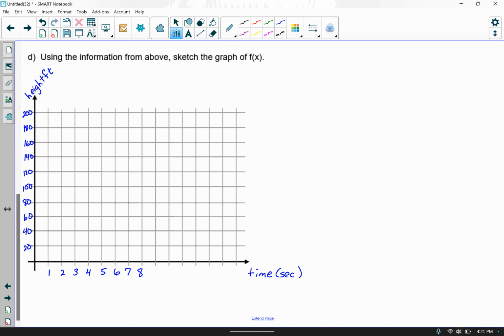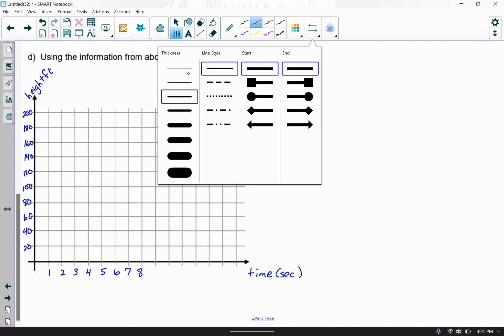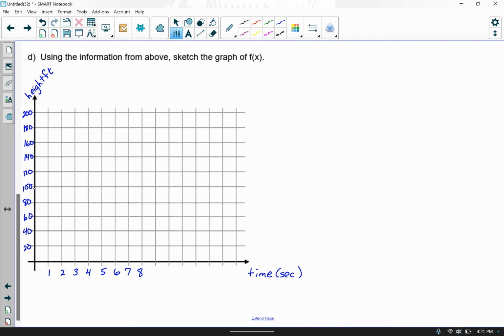All right, so y-intercept, we found that in the first part, and that was 96. So roughly, get a different color here for us. Roughly about right in here for 96. It told us we had a vertex at 2.5, 196.